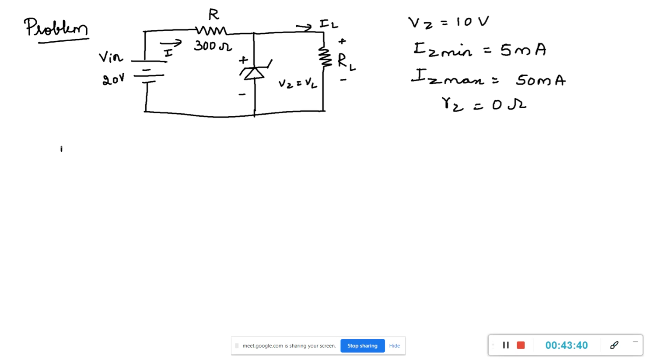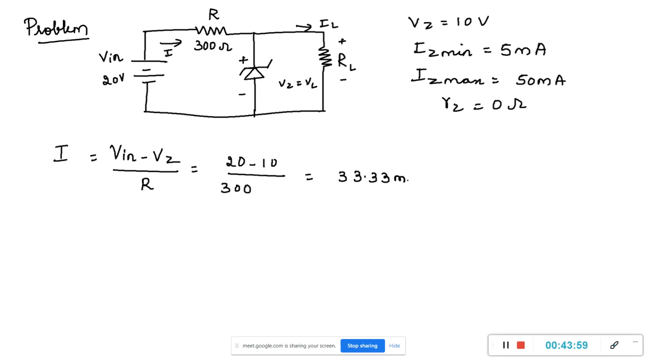Find out the first I. Vin is 20, Vz is 10, divided by 300, is equal to 33.33 milliamps. Next, we all know that I is equal to Iz plus IL, that is constant.